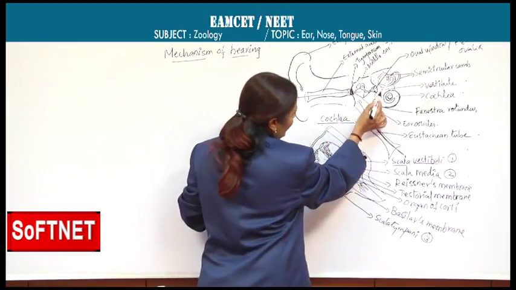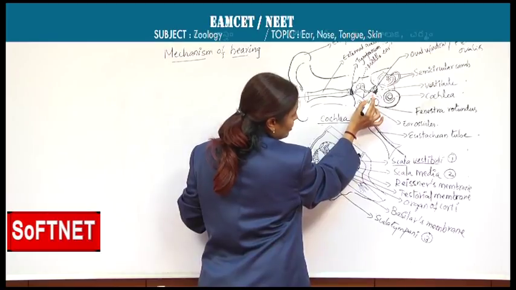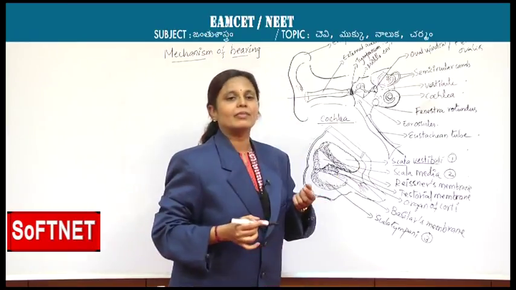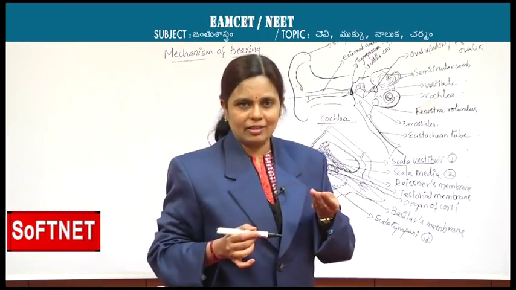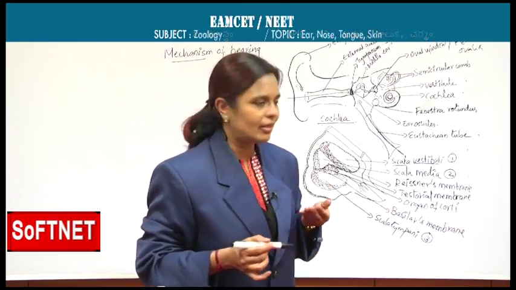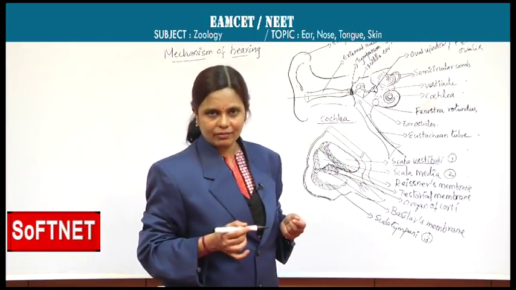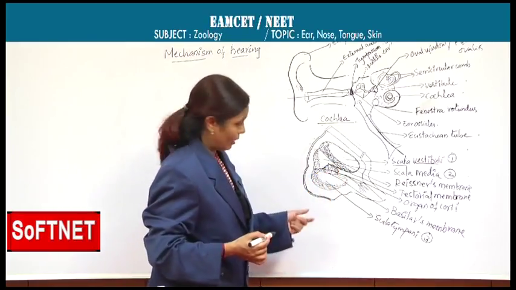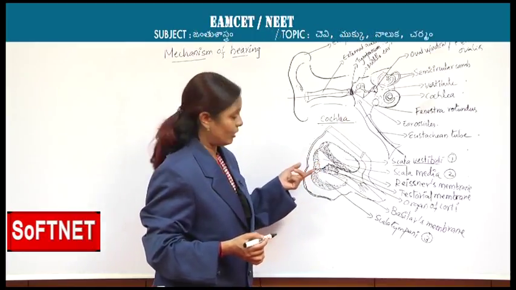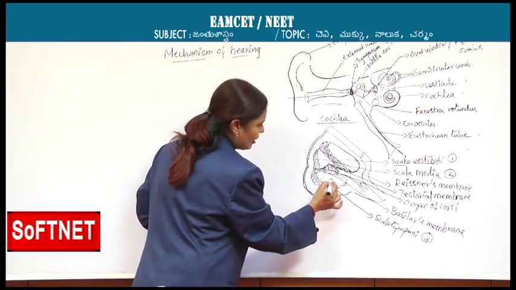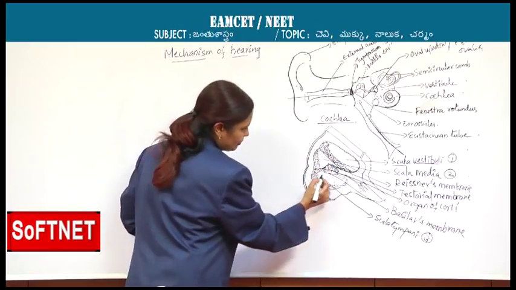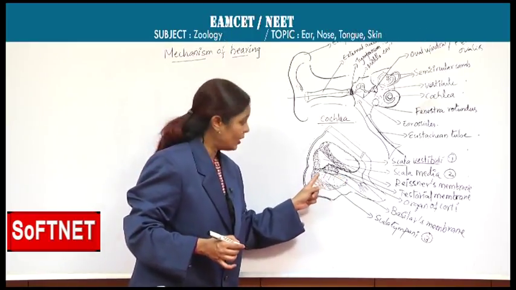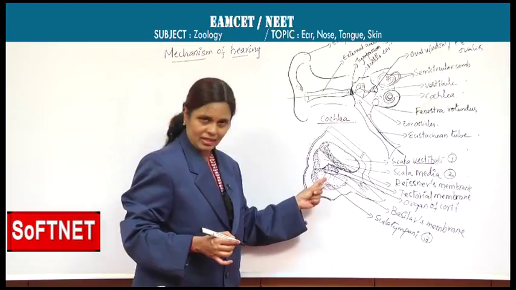Now, as the vibrations from the fenestra ovalis enter into the cochlea, there are ripples created, otherwise waves created in the perilymph and endolymph. Now, you know that vestibuli and tympani are filled with perilymph, whereas media is filled with endolymph. Now, the vibrations generated in the perilymph and endolymph apply pressure on the basilar membrane. Now, this creates ripples on the basilar membrane.